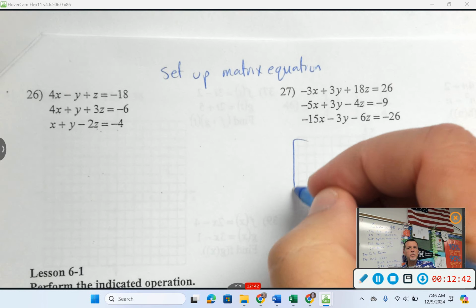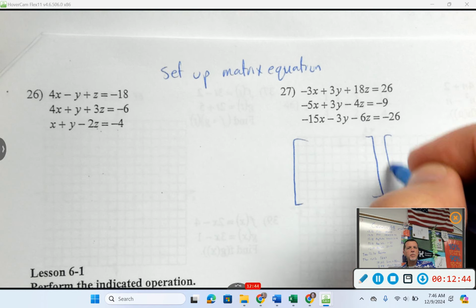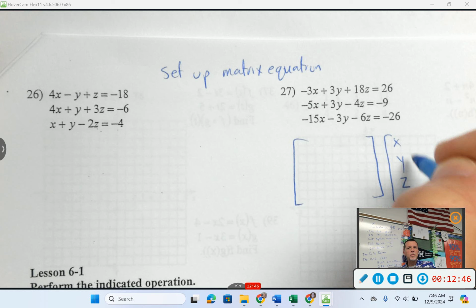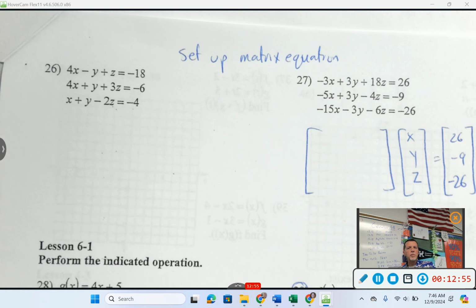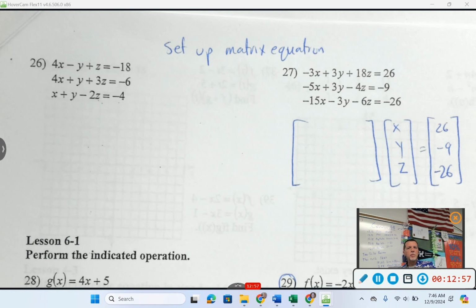So you'll have a big 3 by 3 matrix, X, Y, Z, and then the answers. It looks massive and complicated, and I guess it is, but your calculator handles the massive and complicated.